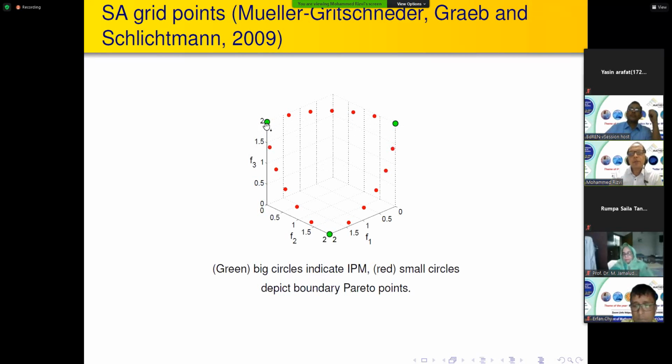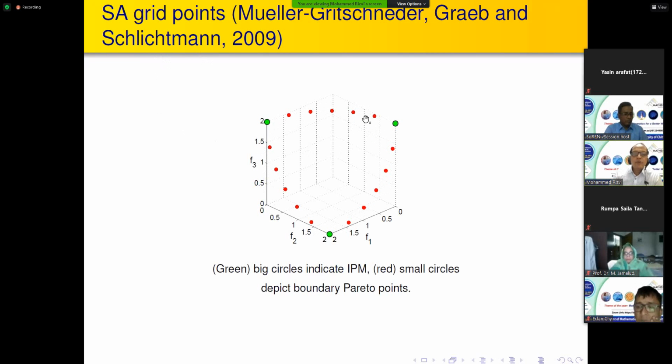If I follow Das and Dennis, some points outside this straight line joining the 2 points, the red dots, are outside those lines, and I can miss those Pareto points. When we follow this grid, we can generate the exact boundary of the front.